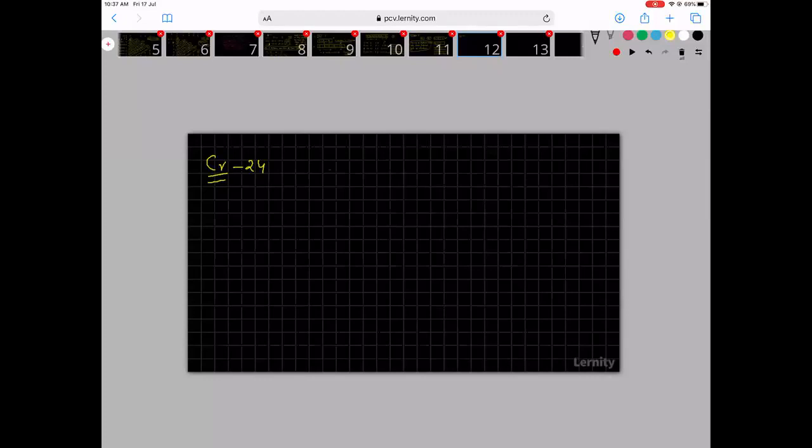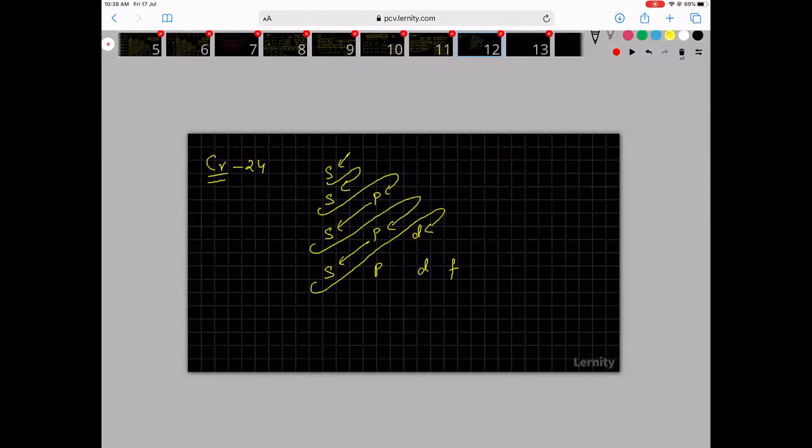So let me first write down s, sp, spd, spdf. Since it is 24, I'm confident. So 2 electrons here, 2 here, 6 here, 2 here, 6 here, 2 here, and then they go. So here 2, 2, 6, then again 2, 6, 2, 6, 2.